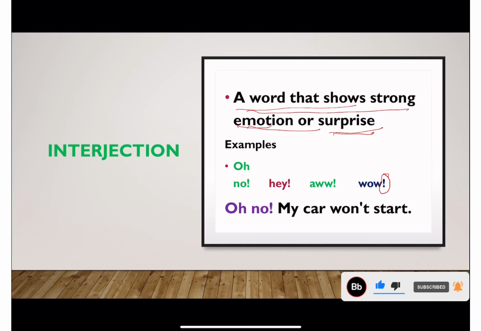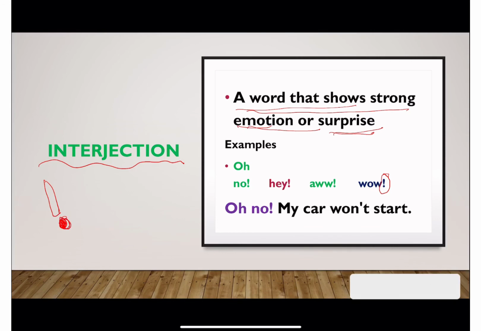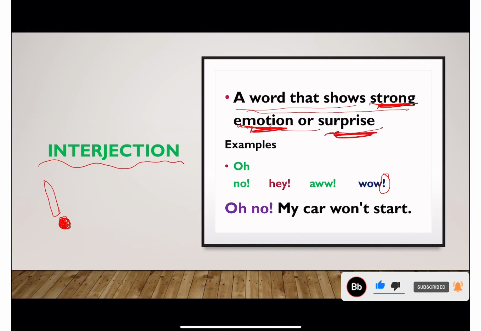It's an exclamation point. An exclamation point expresses strong emotion. So do you see how an interjection, which is oh no, and hey, wow, would have the exclamation mark as the perfect thing at the end of it? Because it is showing a strong emotion or a surprise. My example is, oh no, my car won't start. Isn't that a strong emotion? I can't believe my car won't start. I'm upset. So, we have covered all these parts of speech.